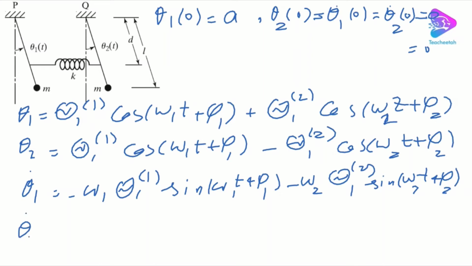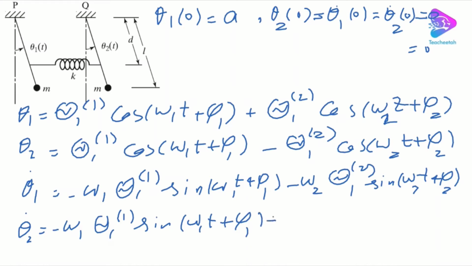And theta dot 2 is equal to minus omega 1 theta 1 1 sine omega 1 t plus phi 1, and minus times minus, plus omega 2 theta 1 2 sine omega 2 t plus phi 2, right?